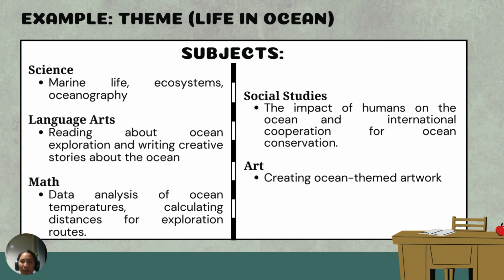You can also discuss the impact of pollution and climate change on the ocean. And not only that, you can also help your students to explore international treaties and organizations that focus on ocean conservation.